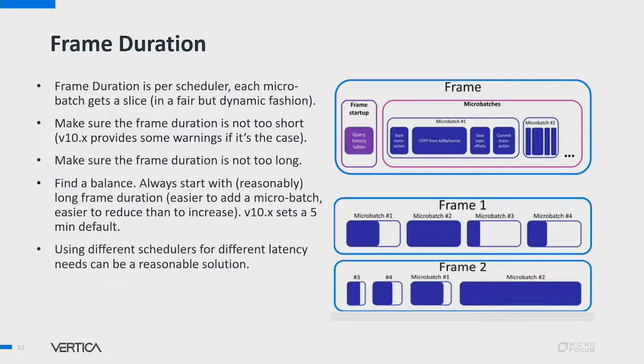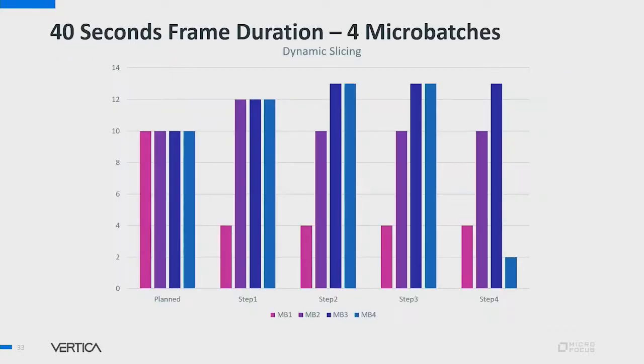During the next frame, the scheduler will try to start with the microbatch that took the least time, in our case microbatch 3, then microbatch 4. The remaining time can be assigned to microbatch 2, or the microbatch that used most of the time last time around. That's why I said earlier that it's quite fair, but this slice distribution is dynamic, and it differs between frames.